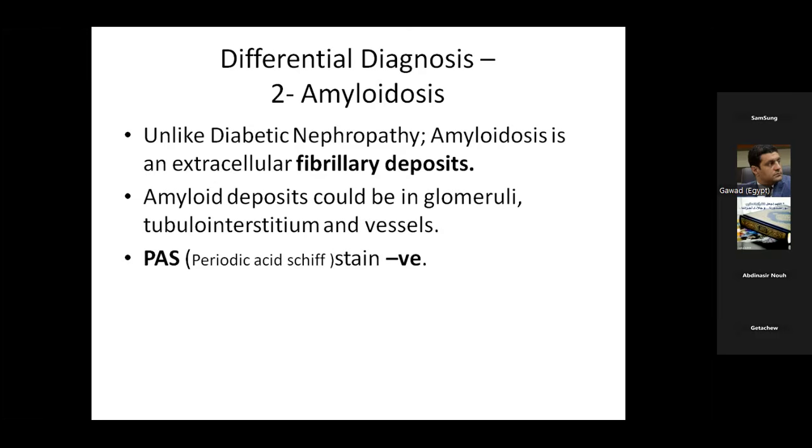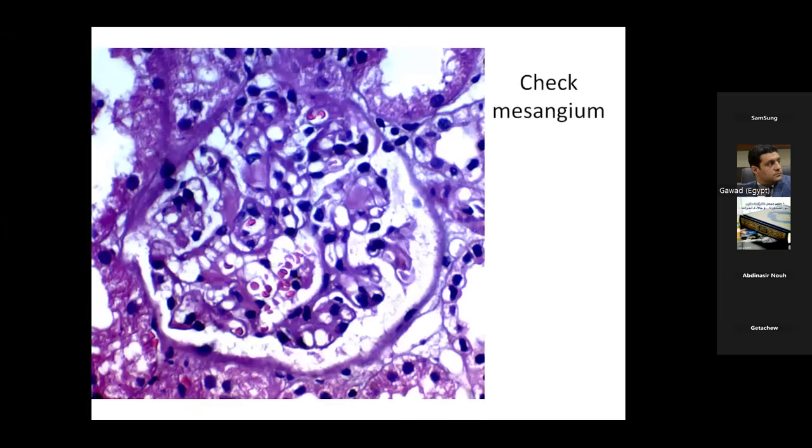So that's how we could explain why this is PAS negative and that's PAS positive. Amyloid deposits could be in any of the renal cortical compartments, in the glomeruli, in the tubulointerstitium, or in the vessels.